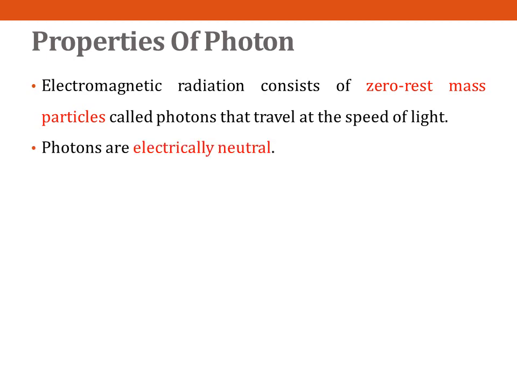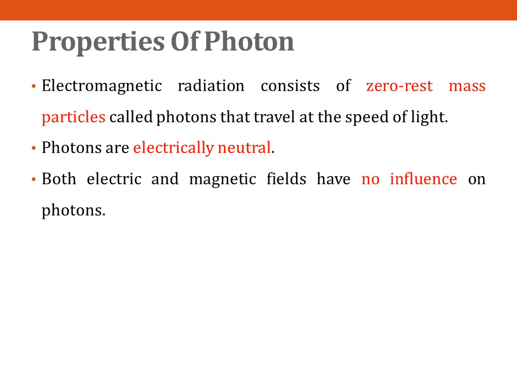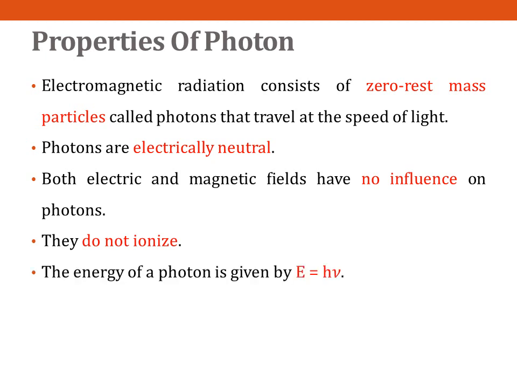Photons are completely electrically neutral and therefore they cannot be deflected by electric as well as magnetic fields. Also, since they are chargeless, they do not ionize any material.